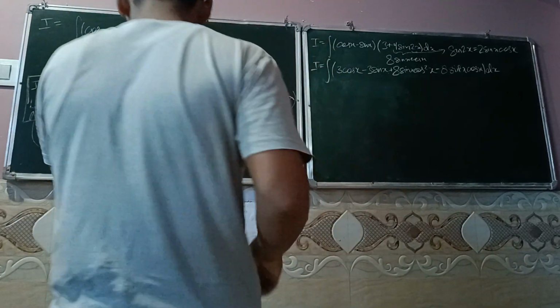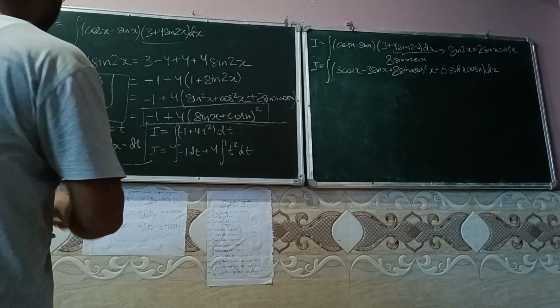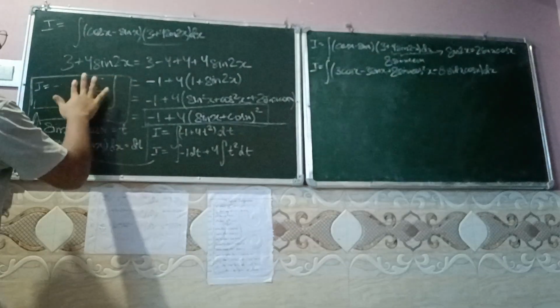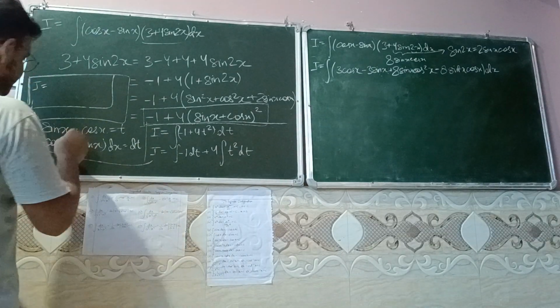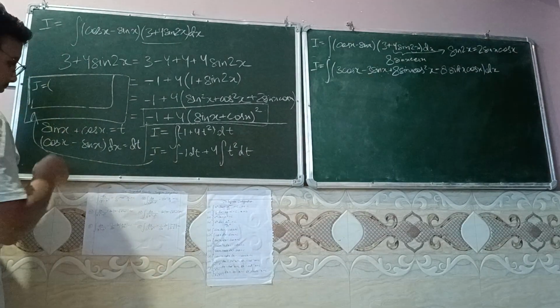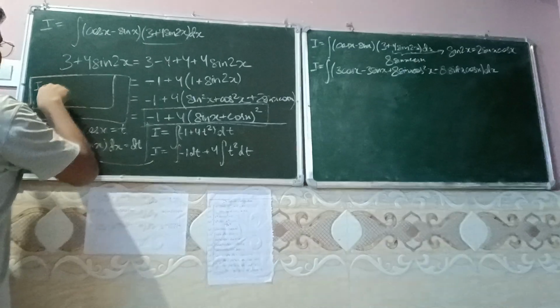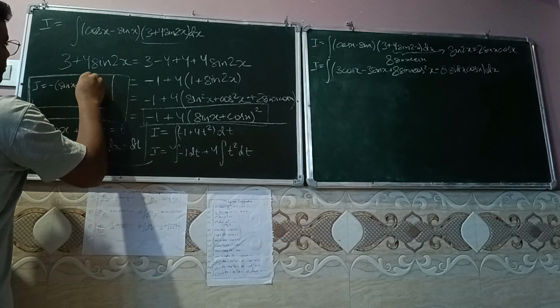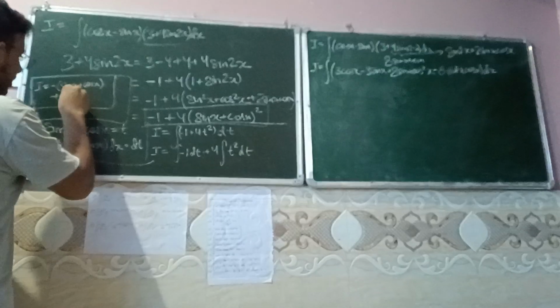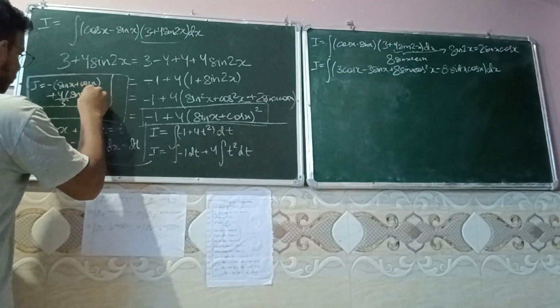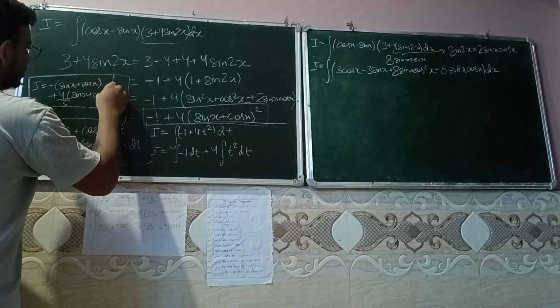Let me put my values over here. Actually t is not the right thing, so negative of (sin x plus cosine of x) plus 4 over 3 times (sin x plus cosine of x) whole cube.